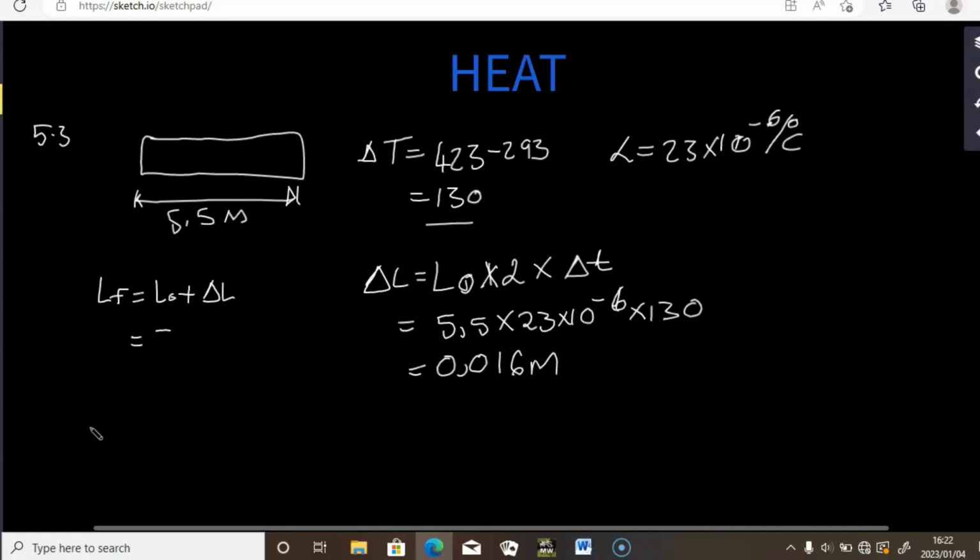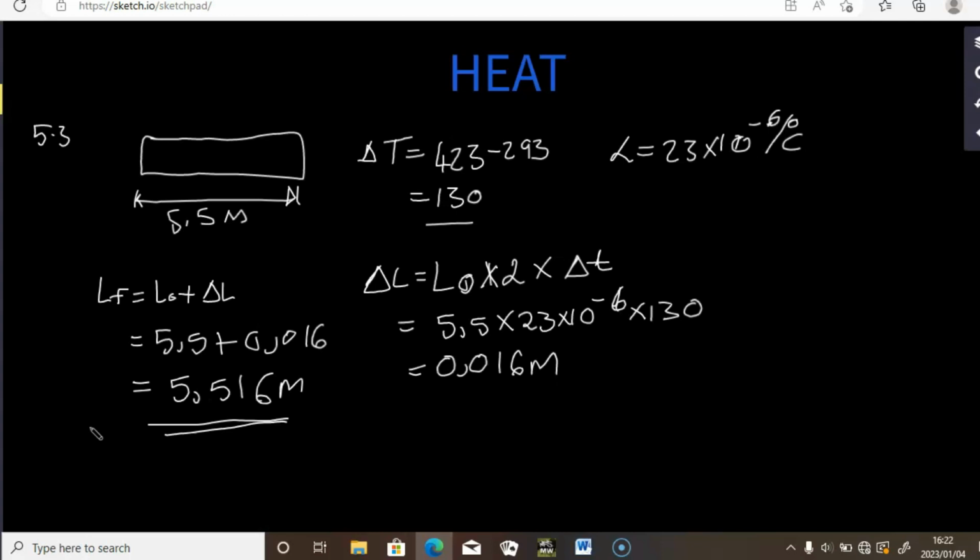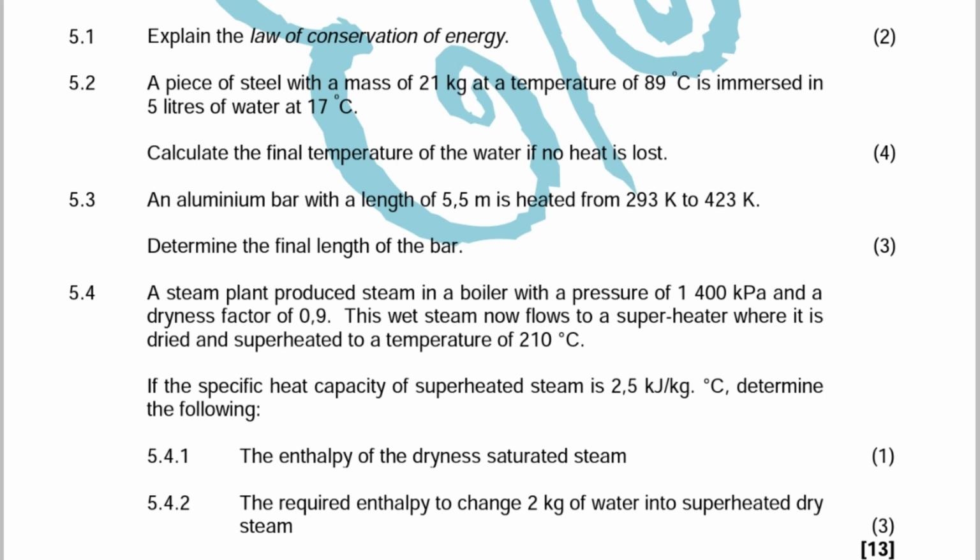Therefore, the original length, since it's 5.5, plus the change in length, which is 0.016, gives us 5.516 meters as our final length. And then from here we go to the next question, which is 5.4.